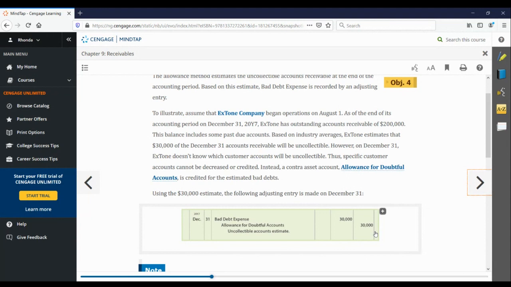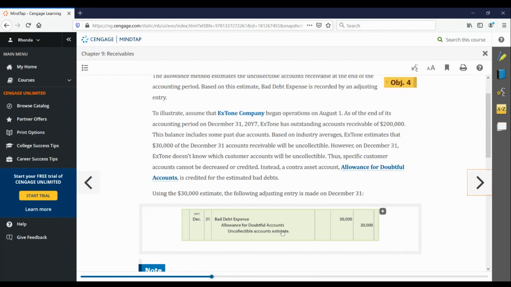At the end of the accounting period, we're going to have to put some money in the allowance for doubtful accounts that will cover the estimated amount of uncollectible accounts at the end of the accounting period. So your adjusting entry for the allowance method will have you debiting bad debt expense and crediting the allowance for doubtful accounts.